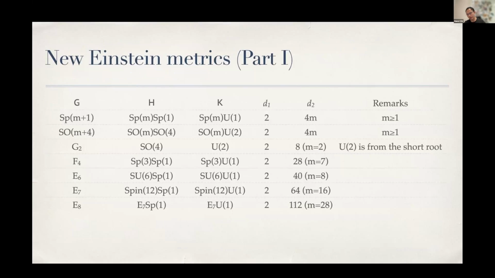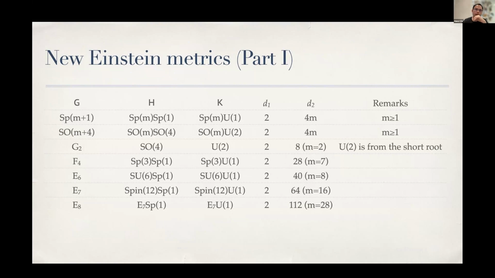So here's the first list, part one. If you take the G/K as the principal orbit, then we have an inhomogeneous Einstein metric on the associated double disk bundle. You can also think of the double disk bundle as a 3-sphere bundle over the singular orbit. They are topologically equivalent.